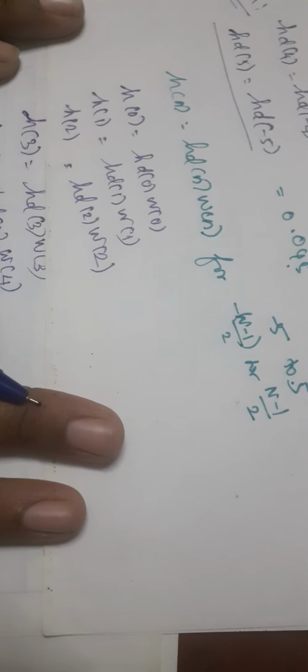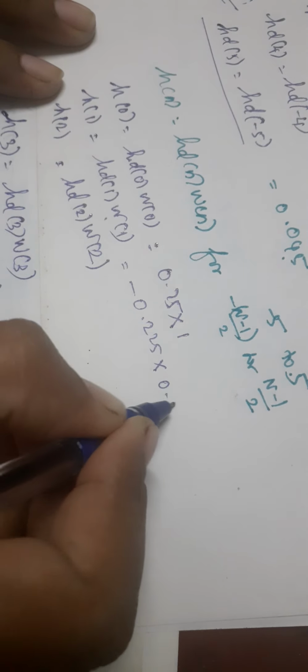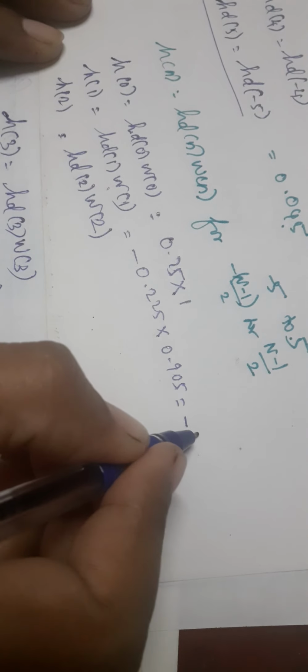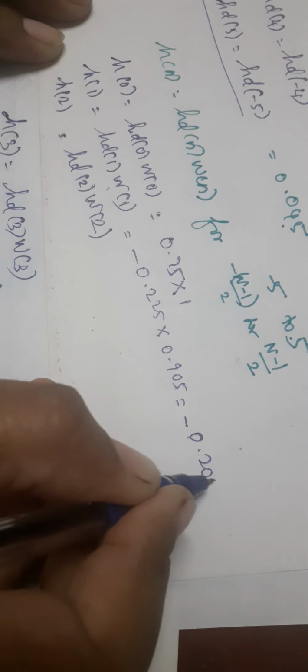Okay, so next hd of 0 we have found it is somewhere like 0.75 into 1. H of 1 it is minus 0.225 into w of 1 we have found it as 0.90 something. So multiplying, we get minus 0.204.